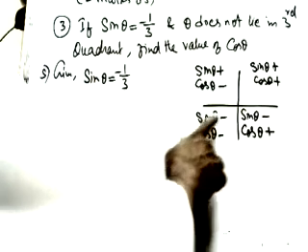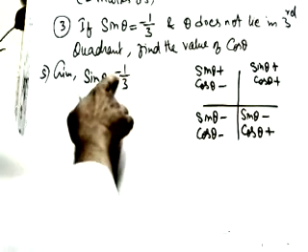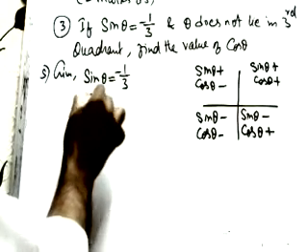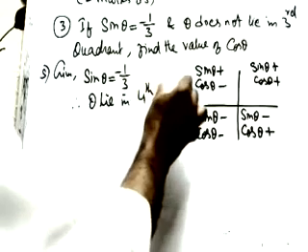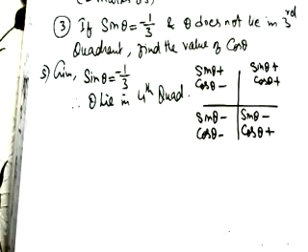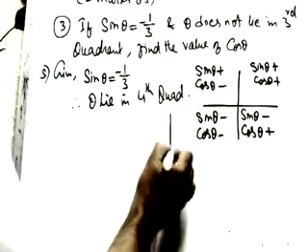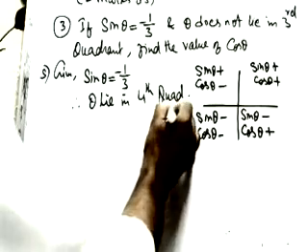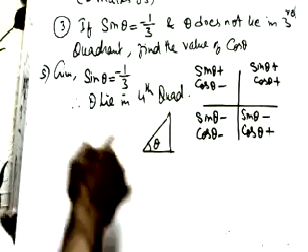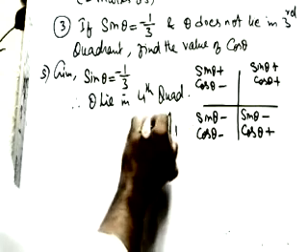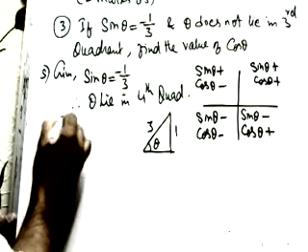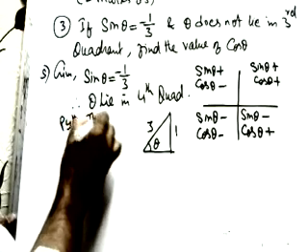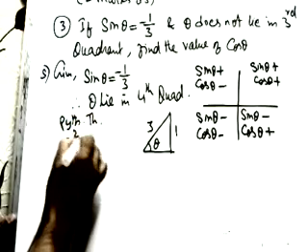Since sine is negative and theta is not in the third quadrant, we can say theta lies in the fourth quadrant. Now let me find the sides. We can do it by any method, identical ratios also. What is sine? Opposite by hypotenuse. Let me find the adjacent. So what is the formula? Pythagoras theorem.